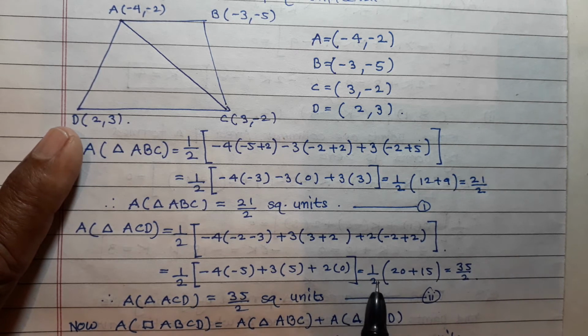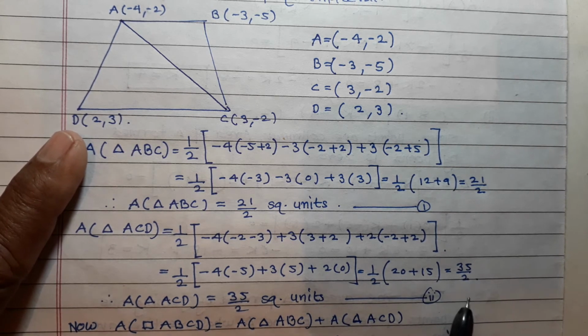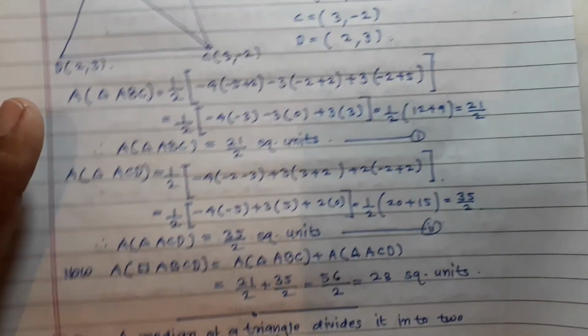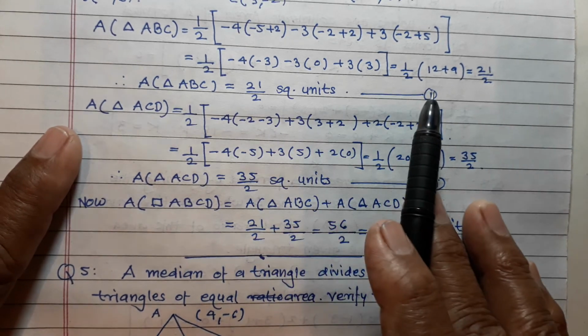So it is equal to 1 upon 2 into 20 + 15, which is 35 upon 2 square units. And therefore area of ACD is equal to 35 upon 2 square units.